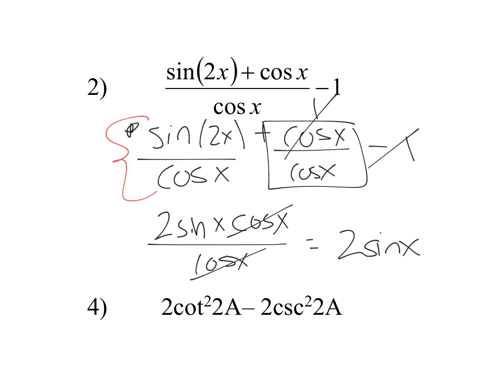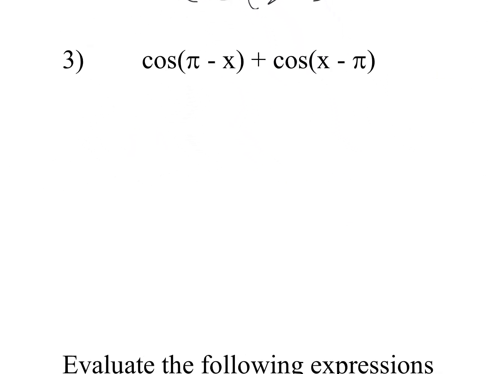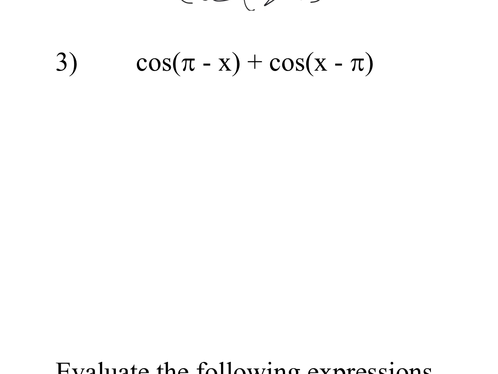On to 3, cosine of pi minus x plus cosine of x minus pi. Now this is actually an identity that you could use to simplify this first, which is just the fact that cosine is even, so it actually is going to be the same thing, but let's assume we don't know that because we don't use it too often, and let's use the cosine identity.